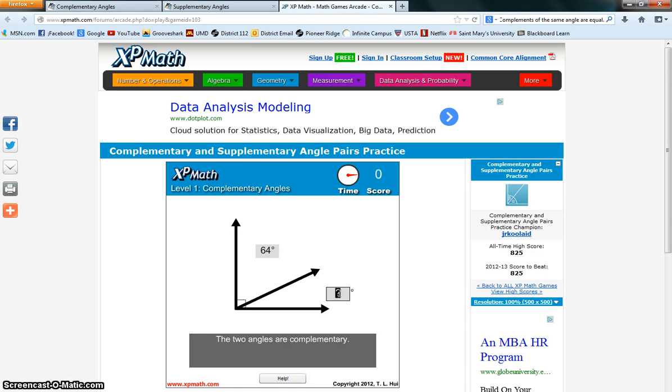It gives me a little hint: the two angles are complementary. So then I would think, okay, 90 minus 64 would be equal to 26. Let's see if I'm correct on that one. Yay, I'm correct. Then I would go to the next one. So level 1 is complementary angles. Maybe level 2 will then be supplementary. I don't know. You find out.